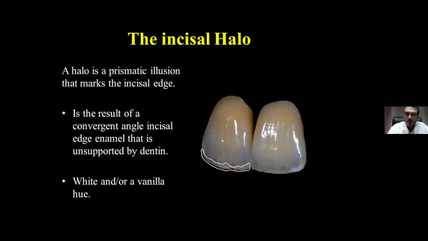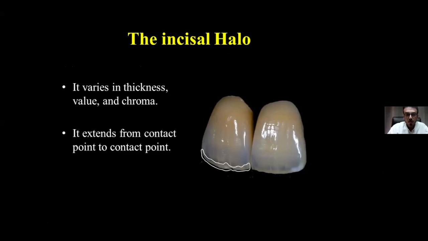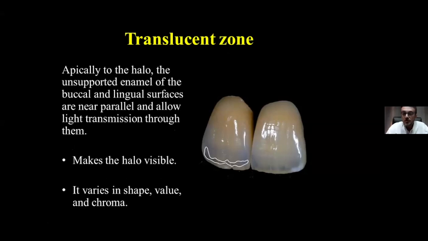The first color shape is the incisal halo. The incisal halo is a part of the incisal edge where there is an opacity. It's at the final edge of the incisal edge. It extends from the mesial to the distal side. It is actually an optical illusion. It results from the oblique orientation of the enamel rods at the incisal edge.